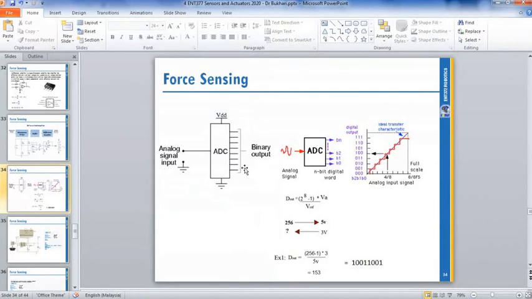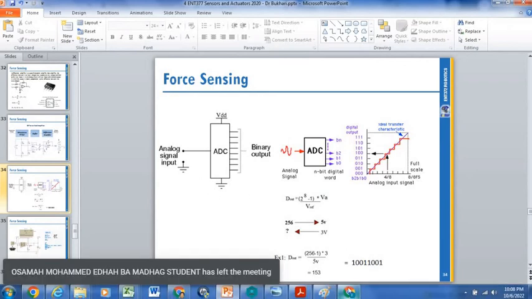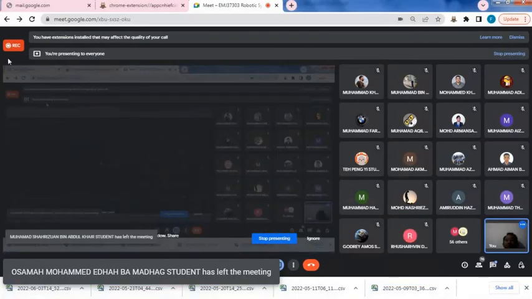If you have an analog to digital pin, like Arduino, you just connect this pin directly to your Arduino microcontroller, and the Arduino will convert to digital. If your microcontroller doesn't have an ADC pin, you need to connect this ADC IC, the ADC converter. Oh, I forgot to.